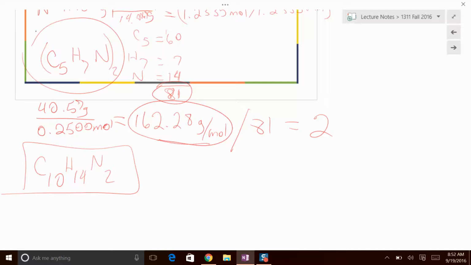So if I find the mass of C10H14N2, it's going to be 162. Because it's a factor difference of 2 there. So to find that number 2, we have to divide the molecular mass by the empirical formula mass to determine how many I need to multiply this empirical formula by to make it the molecular formula. Okay, we're okay with that?